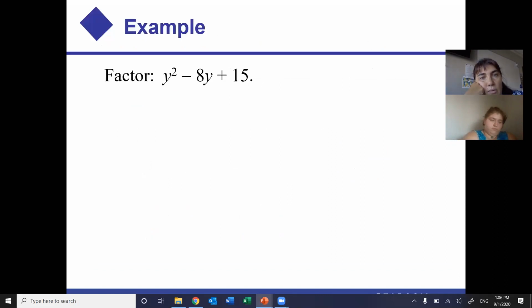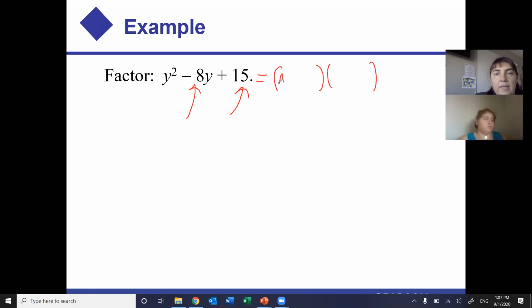Okay, factor. So Carissa, which two numbers multiply to give you positive 15, and when you add them together give you negative 8? Okay, Carissa says negative 3, negative 5. So let's write the answer. You can set up your answer with the parentheses and the variable, in this case y.